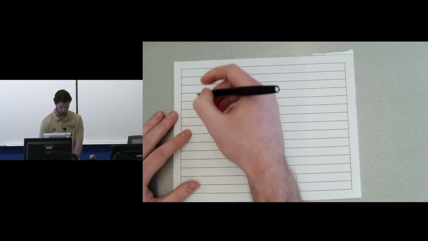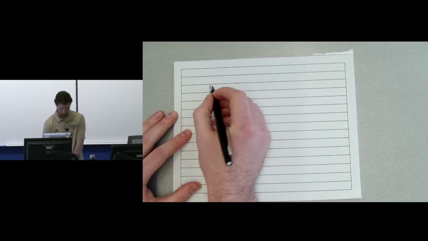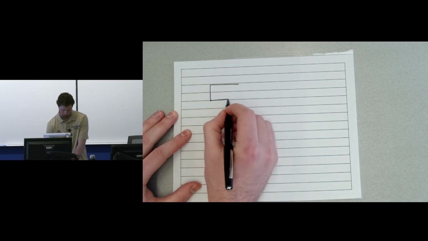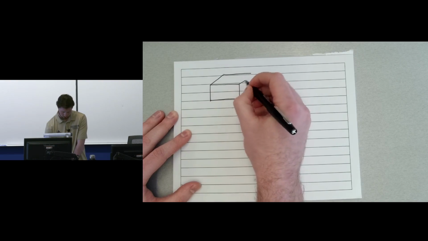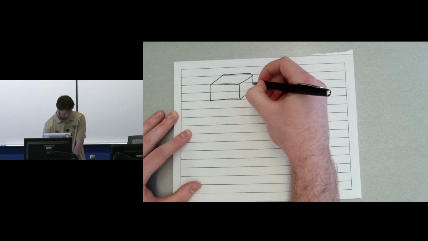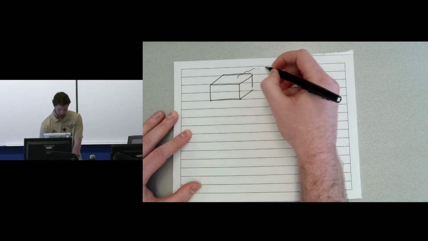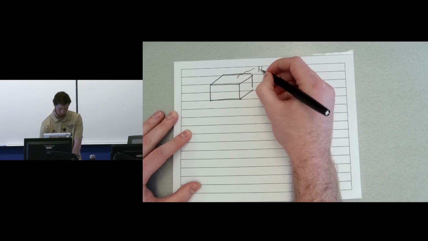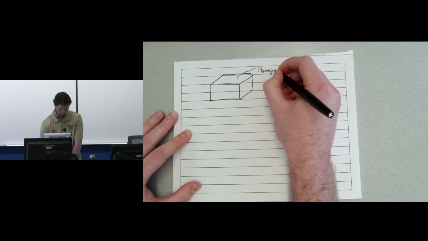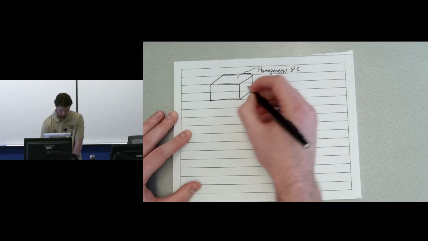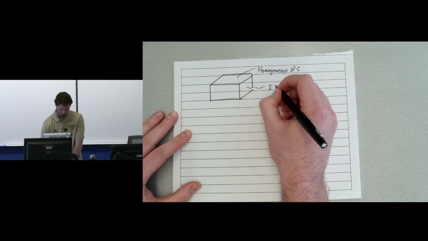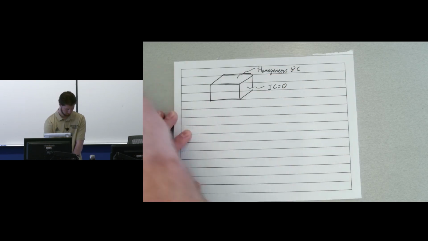So I'm going to draw this out, and I copied this in my notes directly from the textbook, so you'll be able to see it. But if we have some sort of cube, and we're going to say all of these, for our purposes, are going to have homogeneous boundary conditions and some initial condition that's equal to 0.